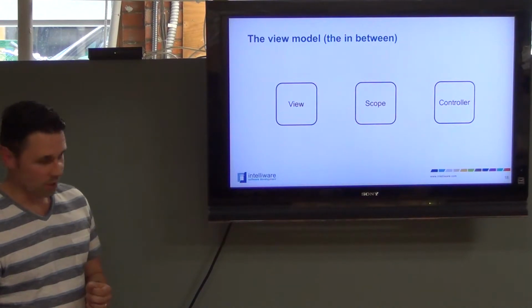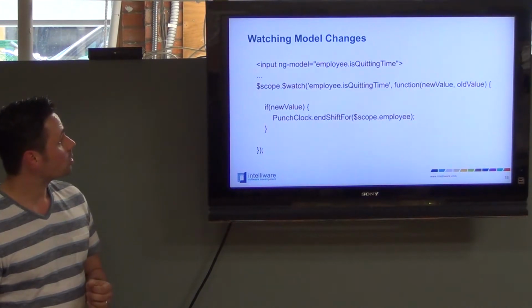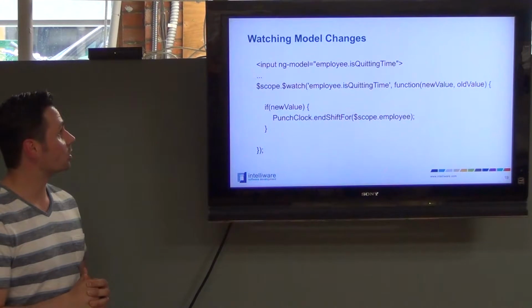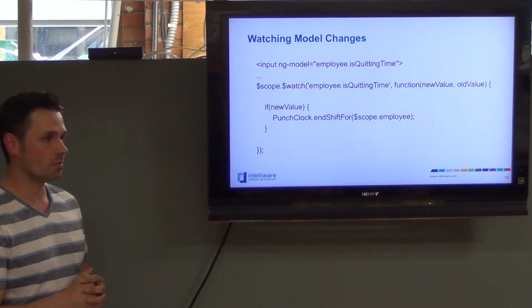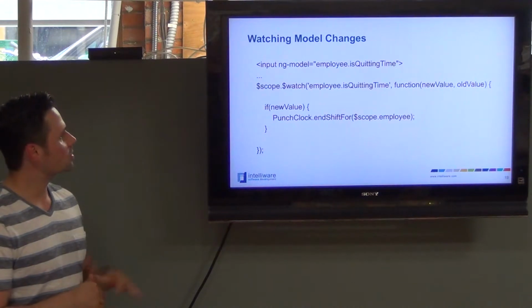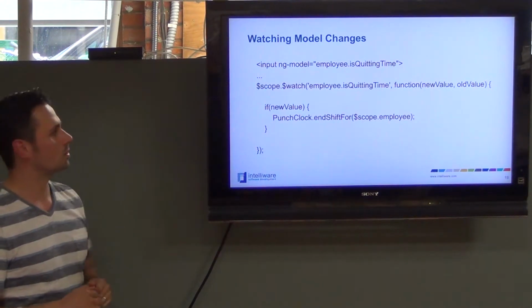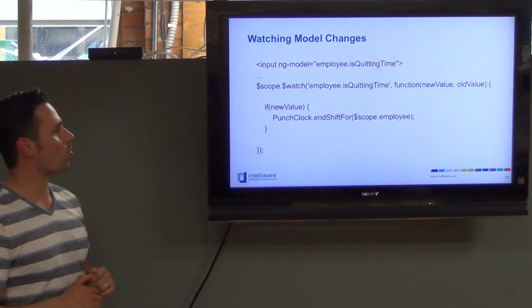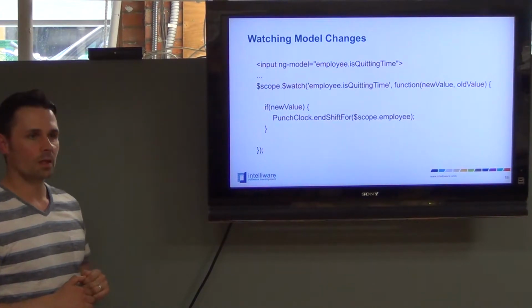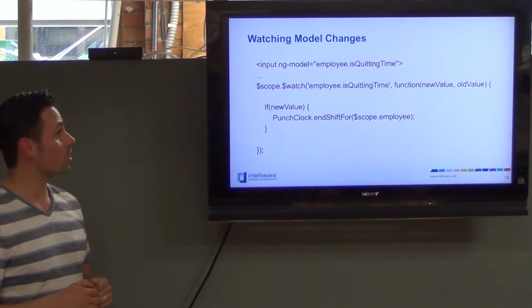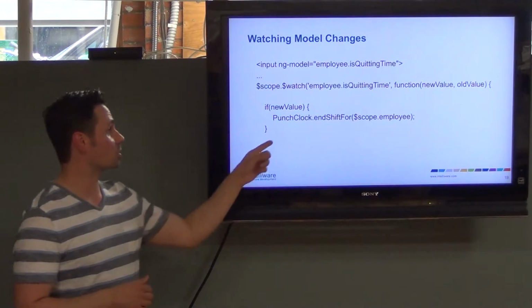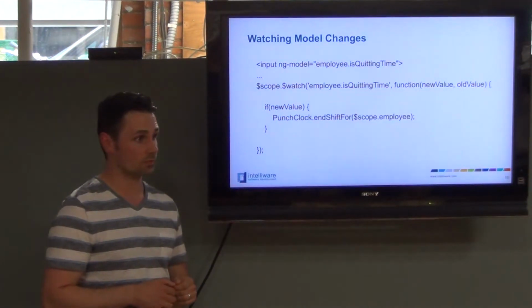So here's where we're going to watch for model changes. In this example, we have an input field, and it's binding employee.isQuittingTime to the model. And some code, possibly a controller, wants to watch this property for changes. And once it's quitting time for this employee, it wants the punch clock to actually end the shift.